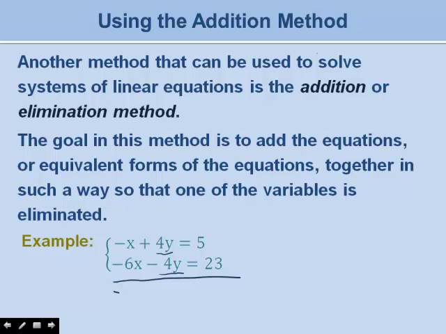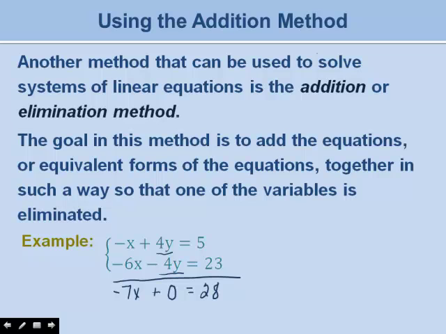like this. So if we have negative x and negative 6x and we add those, we would get negative 7x. Then here if we add the 4y and the negative 4y, those two cancel out, so we get a 0 there. And on the other side, we also have to add the 5 and the 23 to get 28.